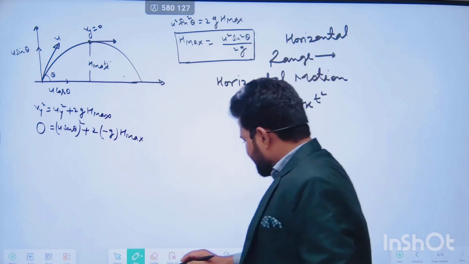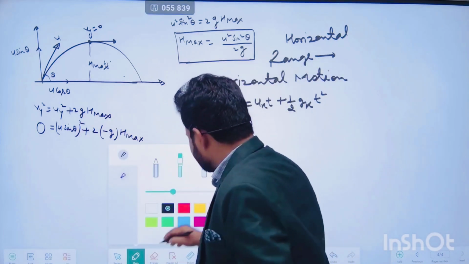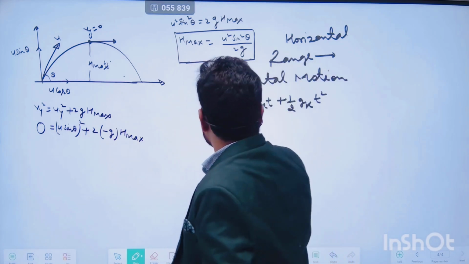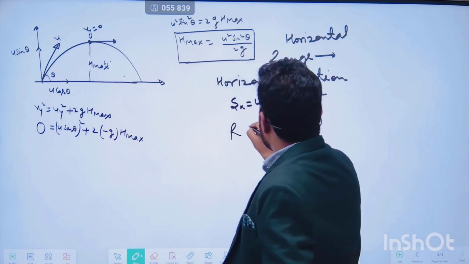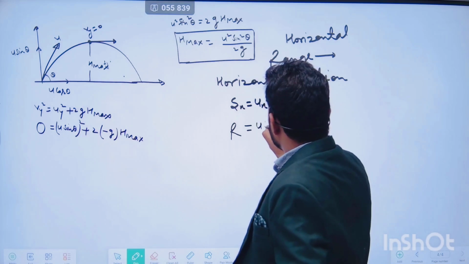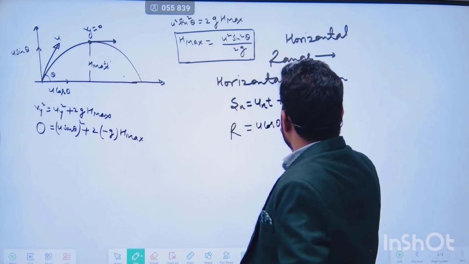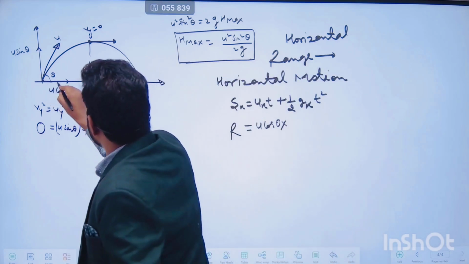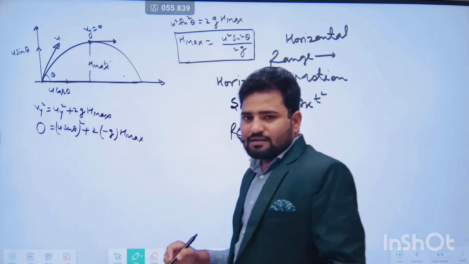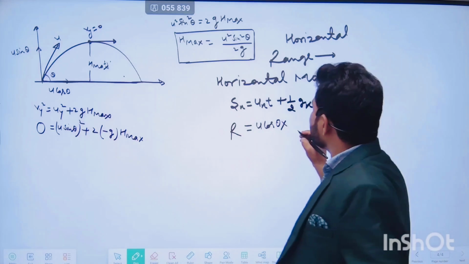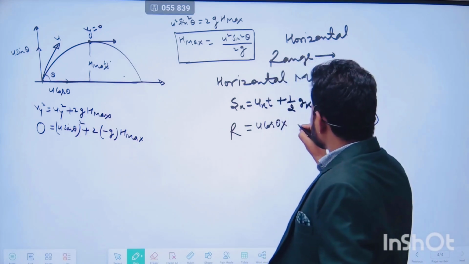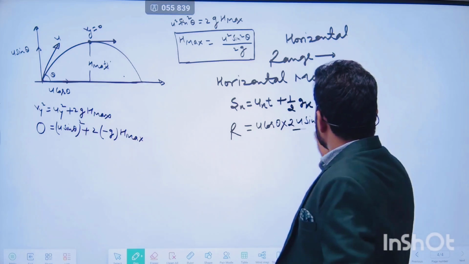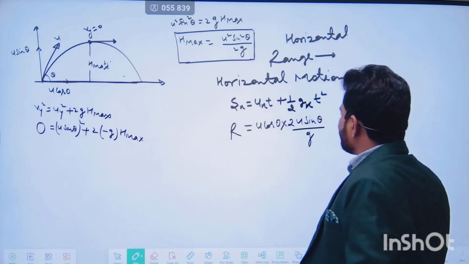From here we know that sx is called the range. So R is equal to ux, which is u cos theta, into t. We know that the range is covered in the time of flight, which we got already: 2u sine theta by g.